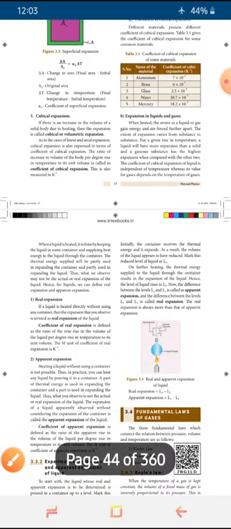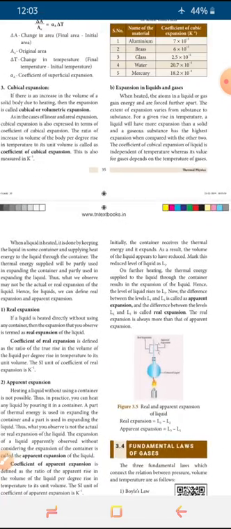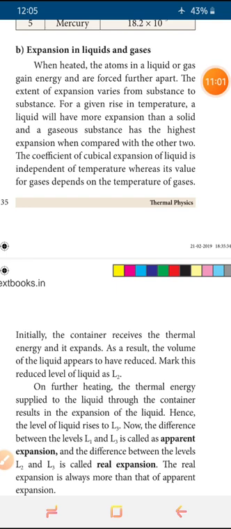Next topic is expansion in liquids and gases. So how liquids and gases expand and how temperature plays a role will be discussed here. We just finished the expansion in solids due to temperature, where the atoms and molecules vibrate, and that vibration is what makes the expansion. Compared to solids, liquids and gases give more expansion for the same temperature.